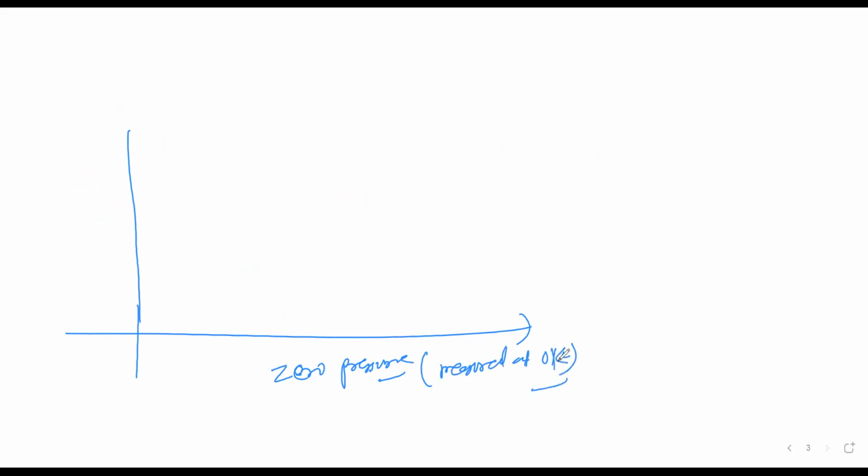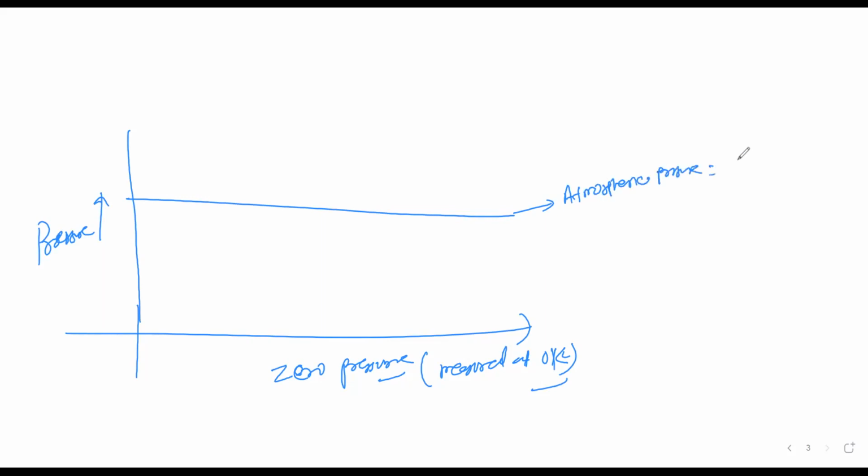And this side is the pressure axis. I am going to take one reference pressure, and that reference pressure is called atmospheric pressure. Atmospheric pressure is given as 760 mm of Hg, which you can write as 101.32 kilopascal.